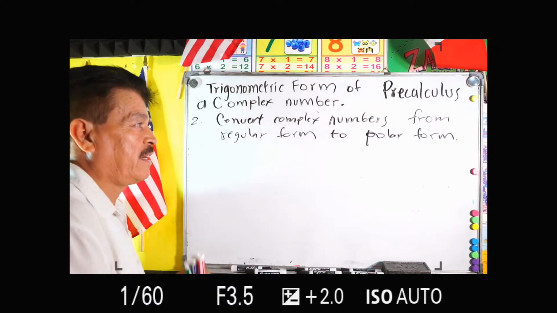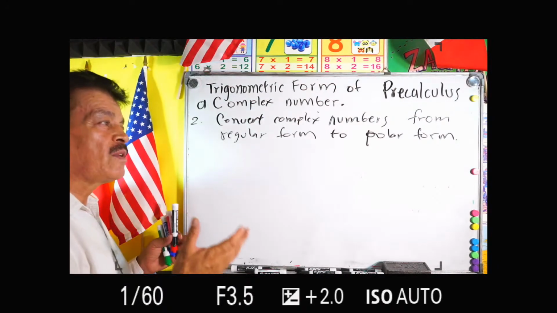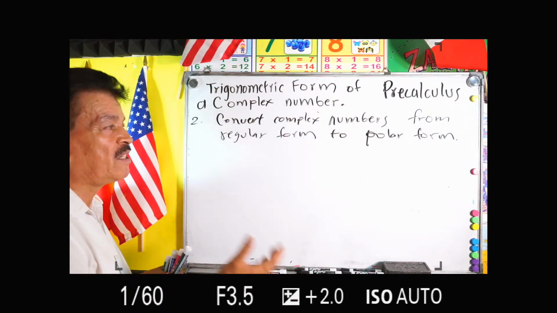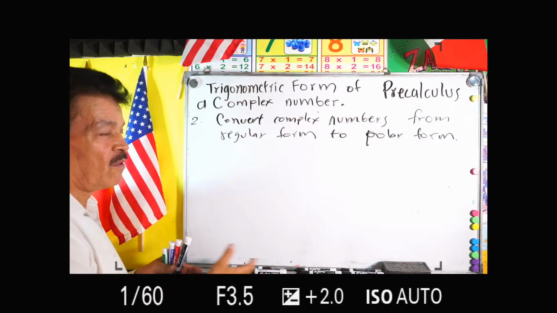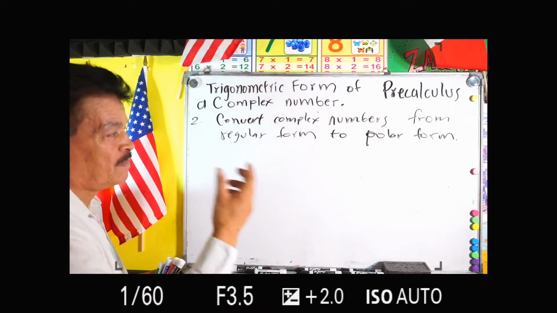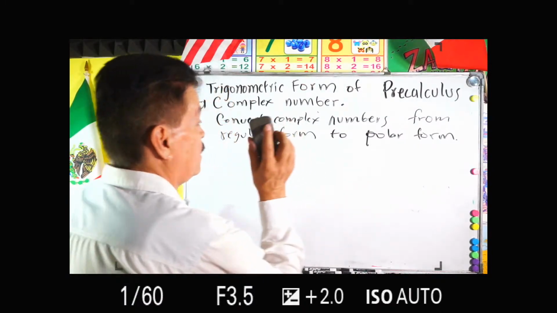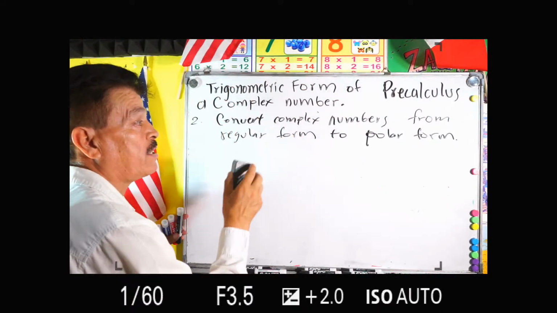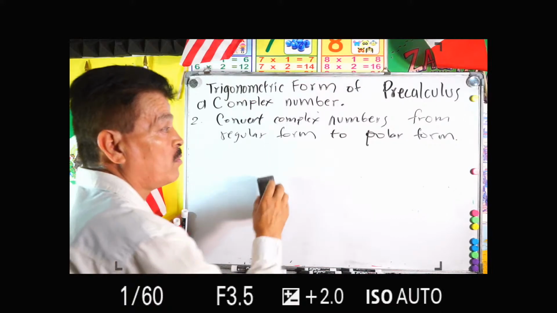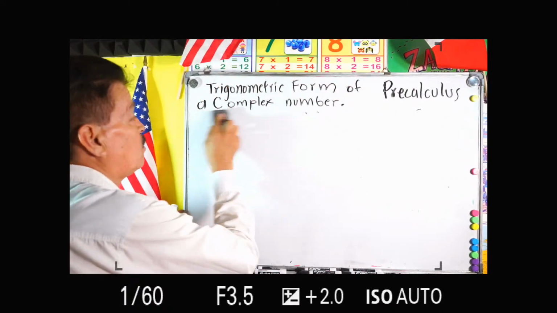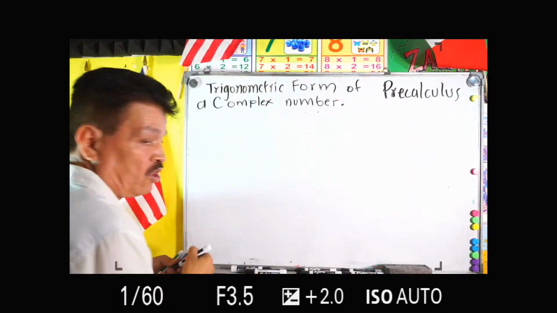We need to be clear, right? Maybe I didn't specify when we came to the second section of the class. It's going to be this: convert complex numbers from the regular form to the polar form.